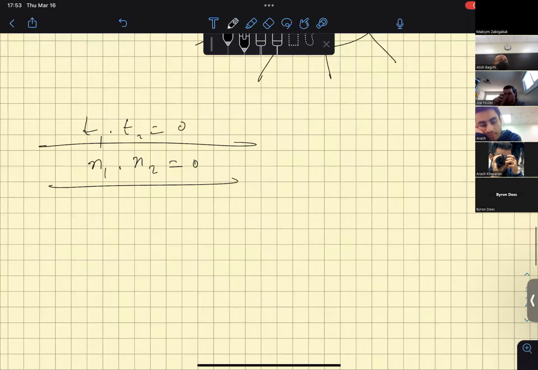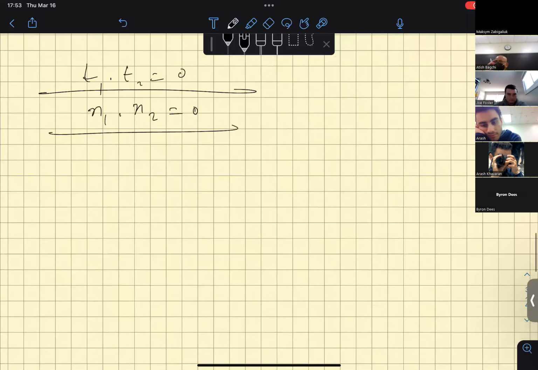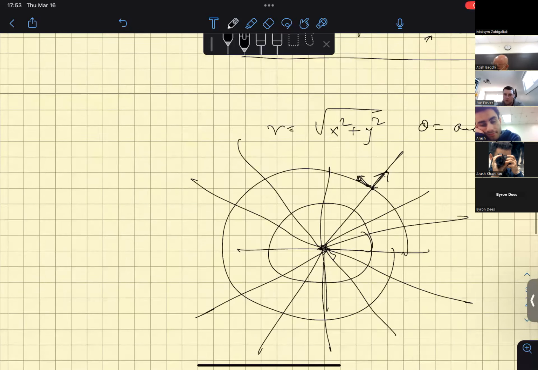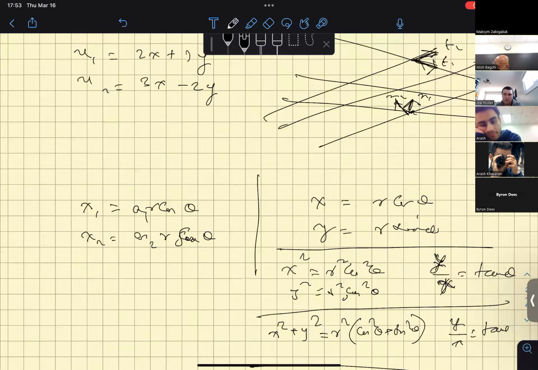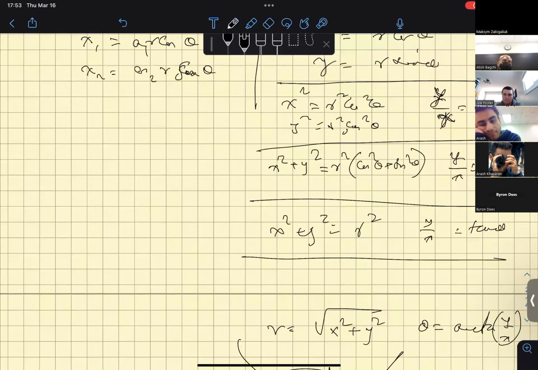Is this part clear? So now you have to show that in your case it is obviously not going to be perpendicular. And you have to just do for this situation exactly what I'm doing over here.